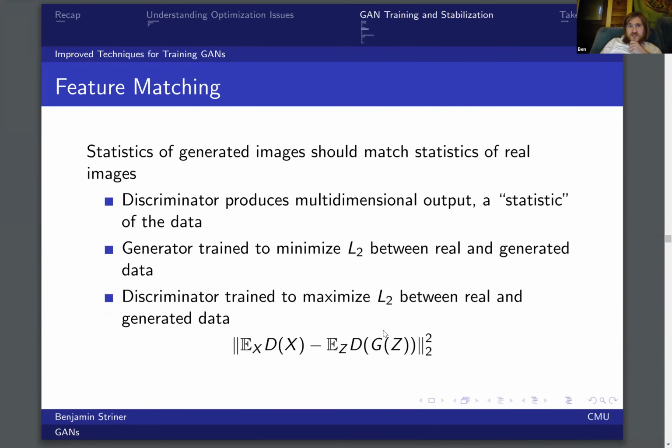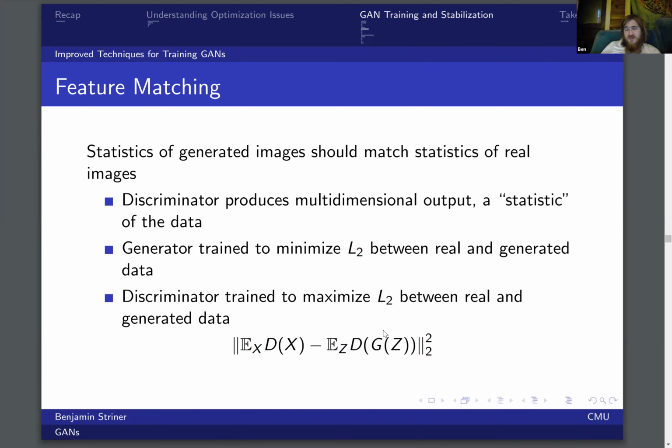So some of these interesting techniques. Feature matching. Feature matching is the idea that generated images and real images should have similar statistics. So instead of a discriminator that just outputs one piece of data, just a scalar value, you could have a discriminator that produces multidimensional data. And then you're trying to minimize the L2 between the statistics of these two different data sets.